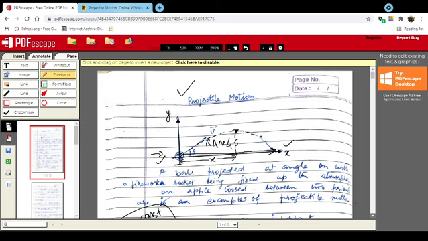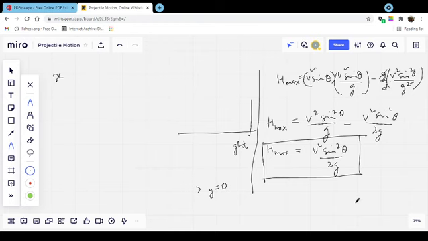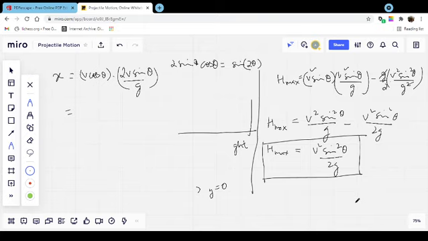Range. So how do we calculate range? We can use the equation of x. X is v cos theta into time, and the total time of motion is given as 2v sin theta by g. We know that 2 sin theta cos theta equals sin 2 theta.